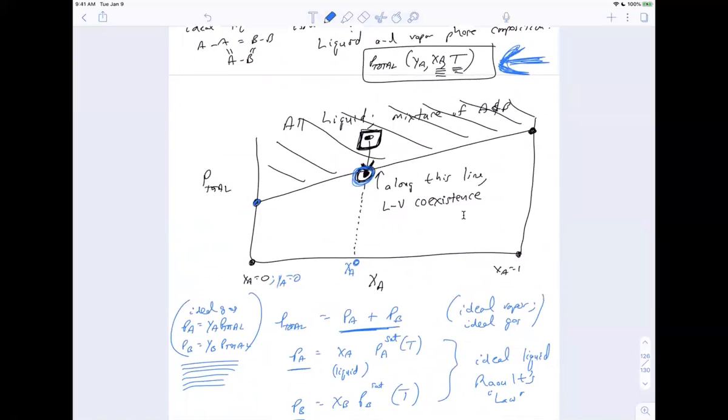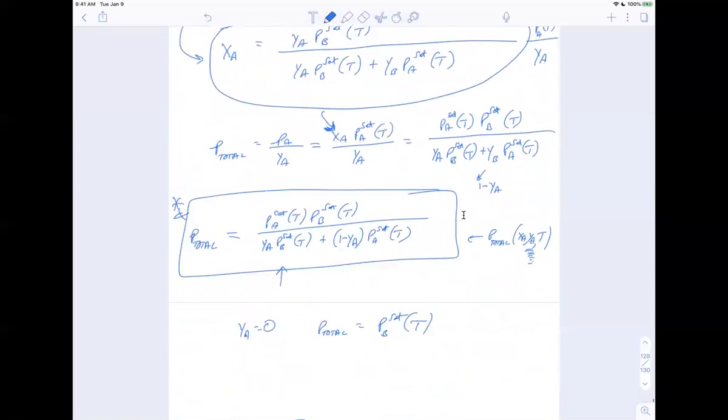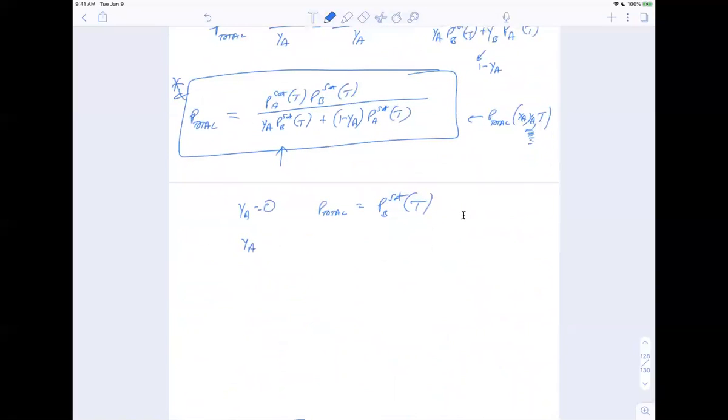And you'll see that if you go to YA equal to 1, this is going to be the vapor pressure of pure A. You can see that from this expression: when Y sub A is equal to 1, the second term is going to cancel because 1 minus YA, which is 1 minus 1, gives you 0.